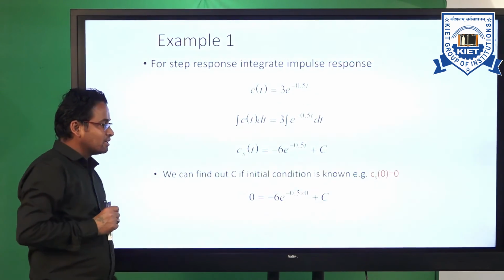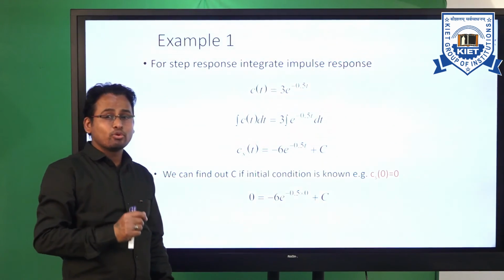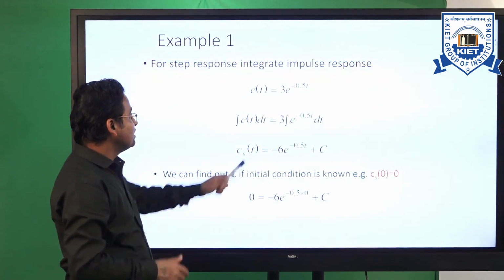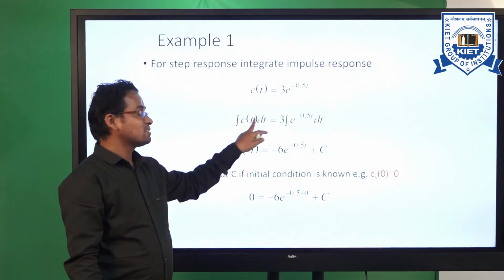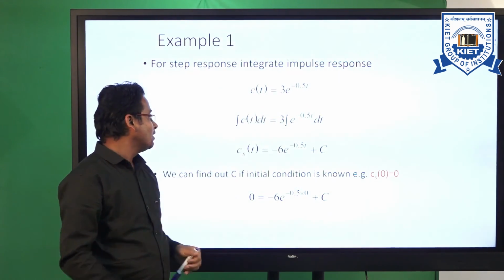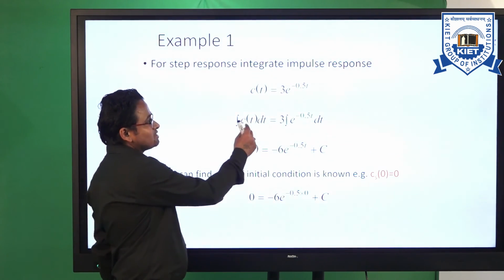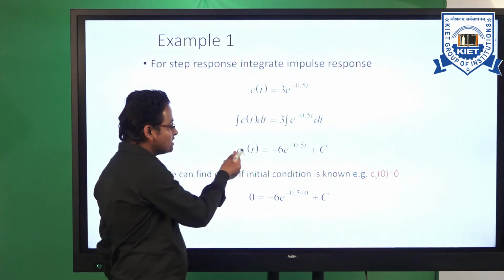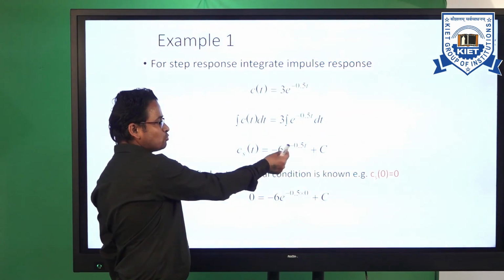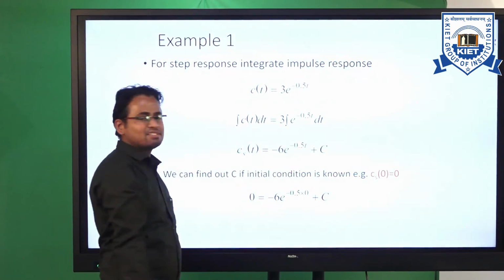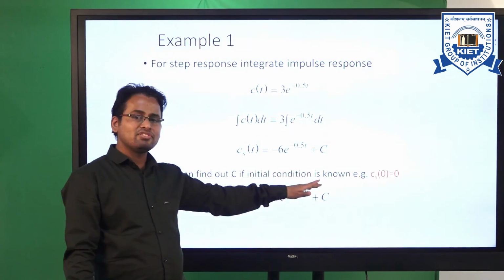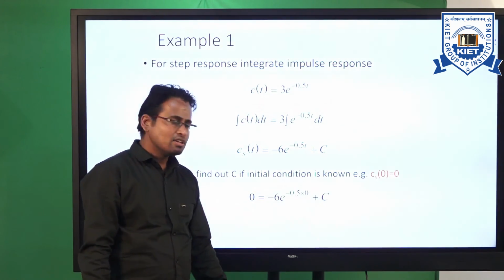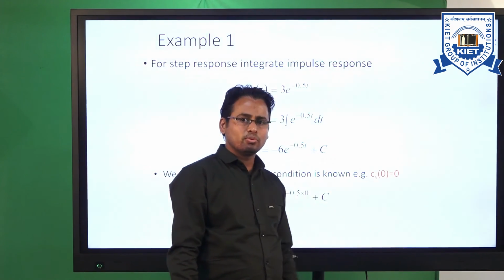That is another representation to find its accurate solution, in which c(t) is this one. So integrate both terms, LHS and RHS both having an integrator. Now after simplifying this one, the solution is c(t) is equal to minus 6 e raised to the power minus 0.5t plus capital C. We can find C if the initial condition is known, that is, suppose here this term is 0.